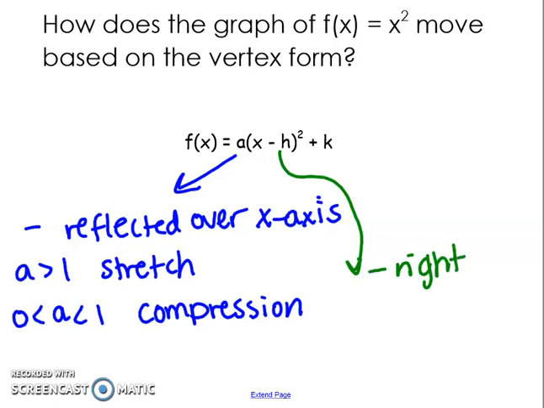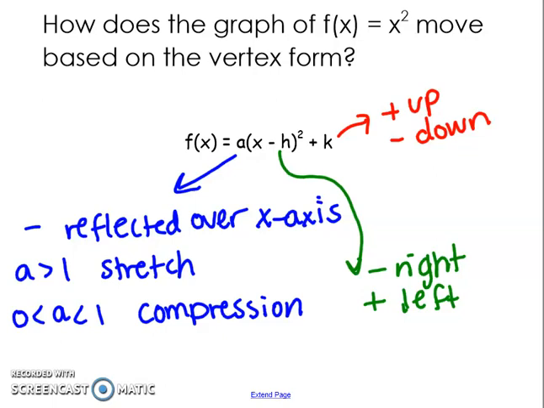So it's kind of like the opposite of what you think. If you have a plus there with the h, that means it's going to really move to the left that many spaces. And then the k, that's going to do exactly what you think it does, so that moves it up and down. If it's positive, it's going to go up. If it's negative, it's going to move down that many spaces.